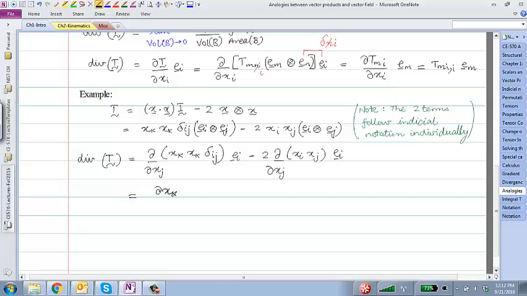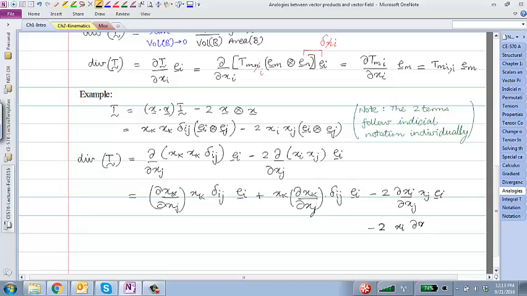I'll say it is partial x_k partial x_j, x_k delta_ij e_i, minus 2 times, oh, I need another term here, so plus x_k partial x_k partial x_j times delta_ij e_i, and minus the same thing here, minus 2 times partial x_i partial x_j, x_j e_i, and minus 2 times x_i partial x_j partial x_j e_i.